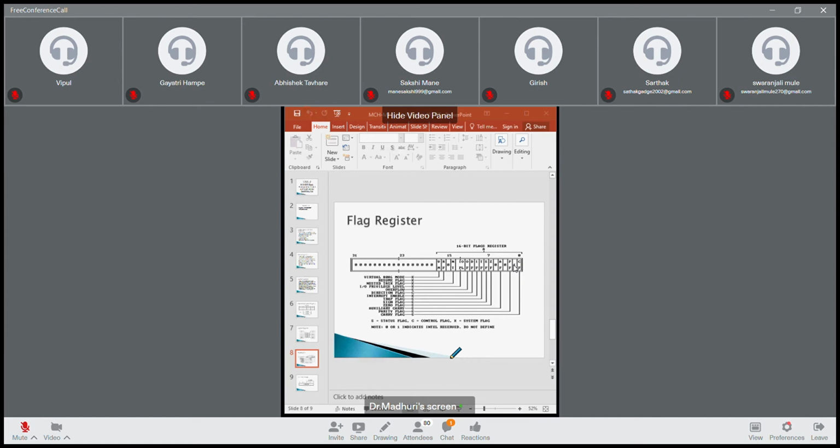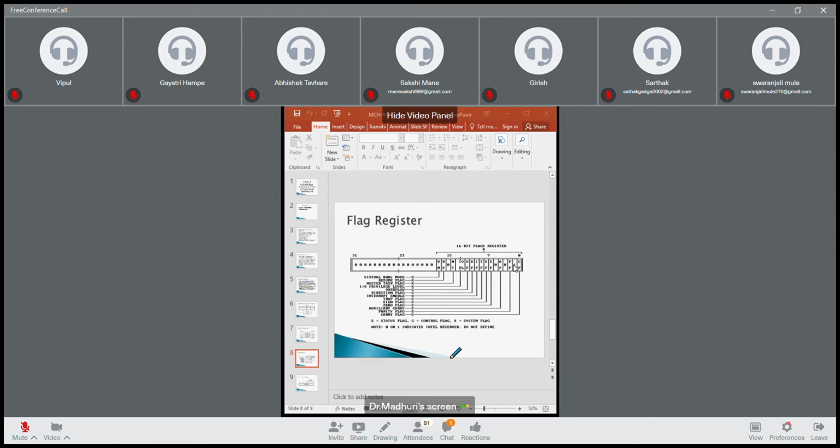You can attach an external wire to that. So that is the external interrupt, and when some connection is given to that particular pin, this flag will be set. That is the interrupt flag.